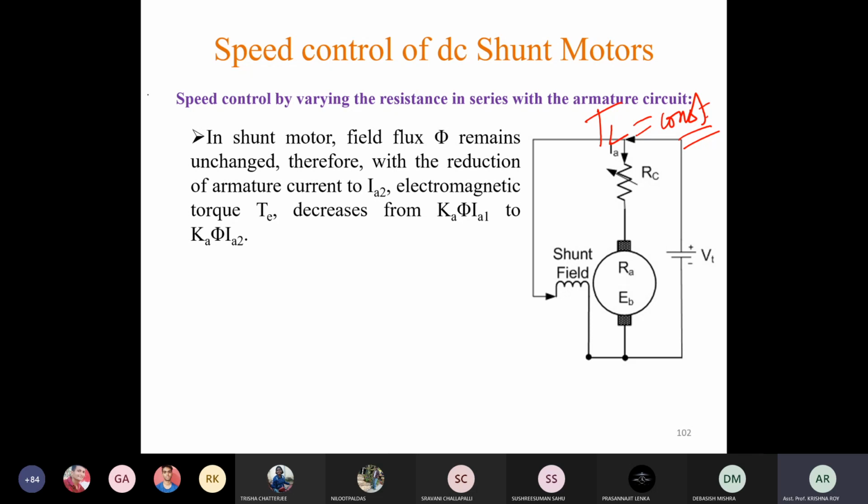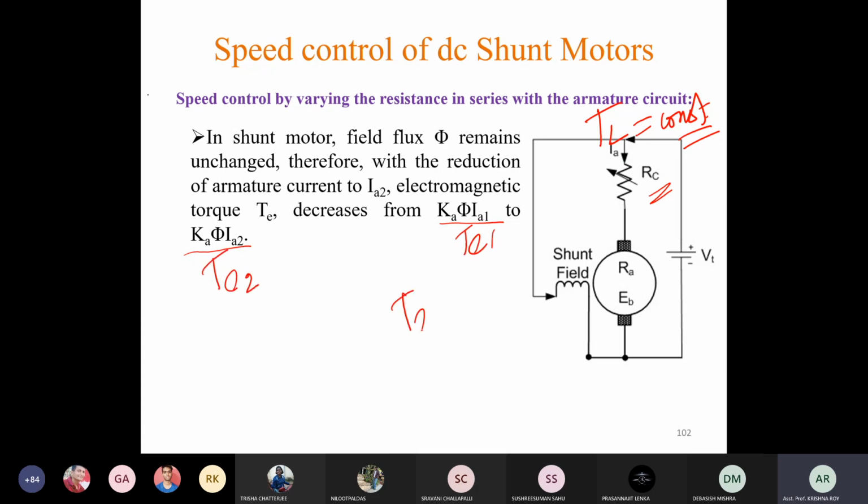So when the armature current was Ia1, the developed torque was Ka phi Ia1. Now as the armature current has reduced due to the insertion of Rc, the new developed torque will be Ka phi Ia2, and obviously this is less than Ka phi Ia1. Suppose this is Te1 and this is Te2.